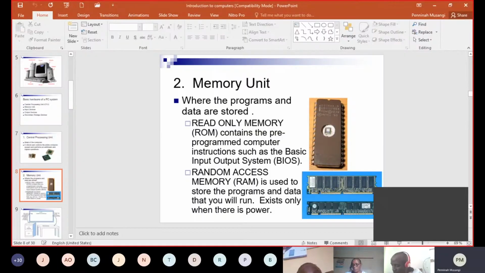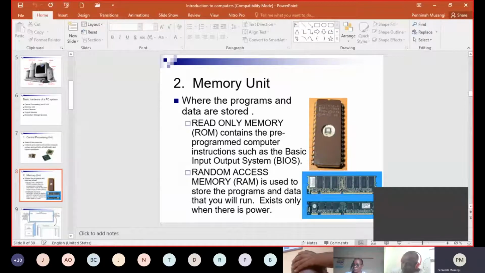Okay. So I was explaining these two types of memory, the ROM and the RAM. I was saying that when a computer is being manufactured, it is manufactured with some instructions on how the parts will communicate or integrate. And that is what we call the read-only memory. Those instructions come from the manufacturer.